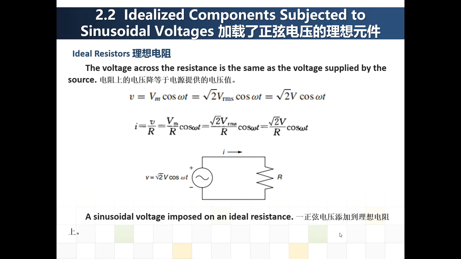Now let's first look at an ideal resistor subjected to a sinusoidal voltage. As shown in the figure, the resistor is imposed by a sinusoidal voltage source.